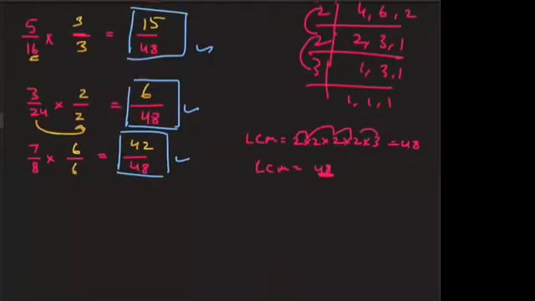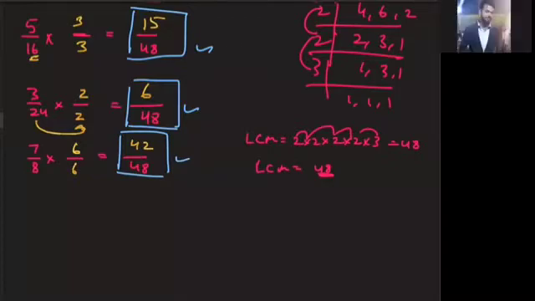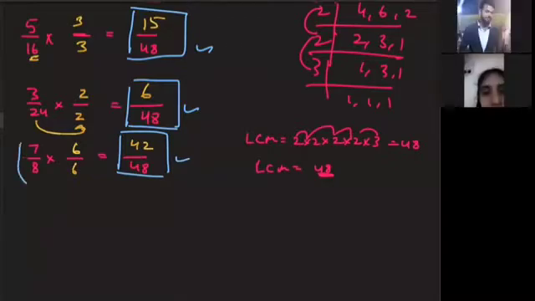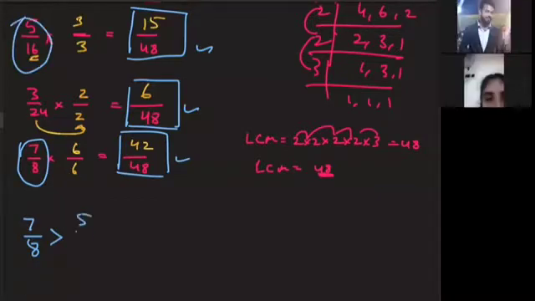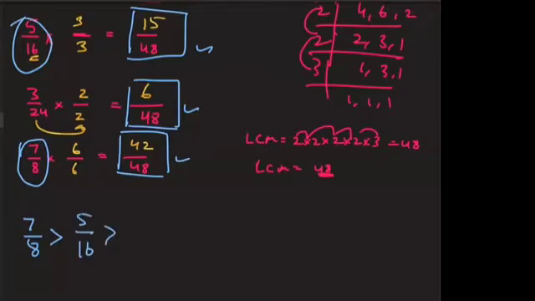So which numerator is greater? 42 is greater. Okay, 15, 6 and 42. So 42 is greater, so we can say that 7 upon 8 is the greatest fraction. Then 15 is smaller than 42, so 5 upon 16 will come next.